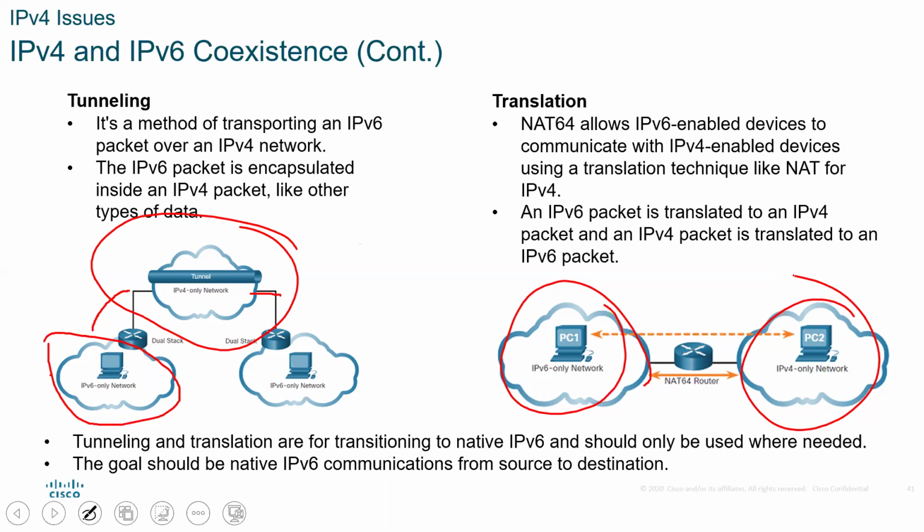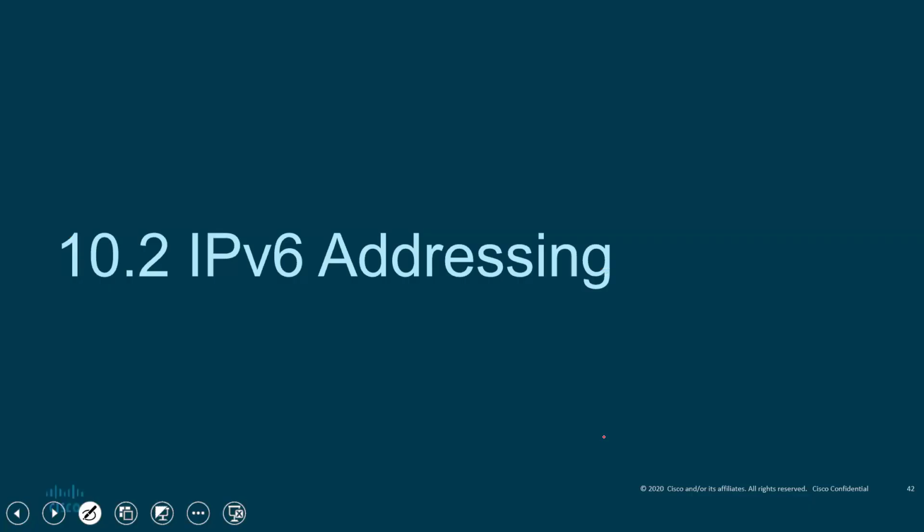That is NAT for IP version 6. Now, what will happen is that when traffic here is crossing here, it will be NATed. When this one is crossing here, it will be NATed as well. Okay, so for coexistence, we said you have dual stack, you have tunneling, and then you have translation.